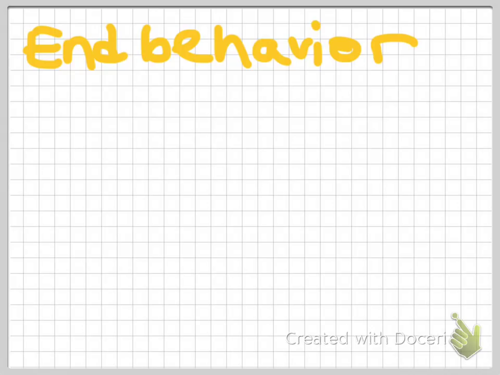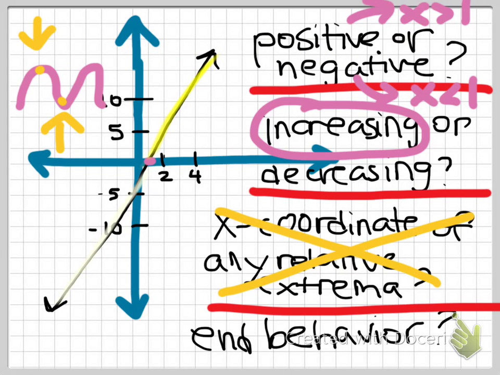Now the last part of the graph, it has us look at the end behavior. Okay, so if I were to go back here and look at my graph, that means when I get to the top of the graph, so right here, I need to determine what is going to continue to happen on my graph. Kind of like a prediction based on what the graph is doing at that point.